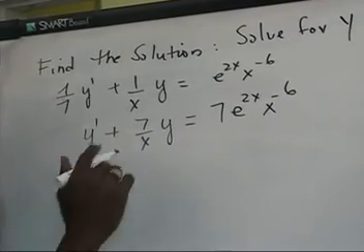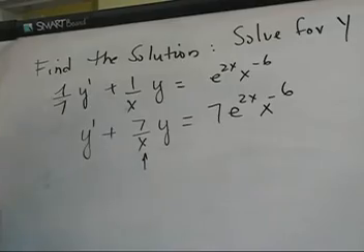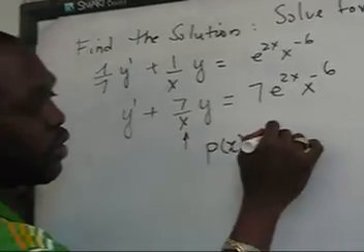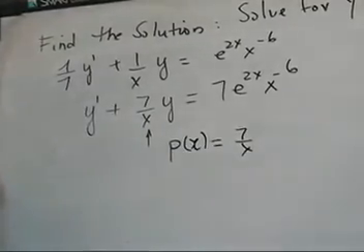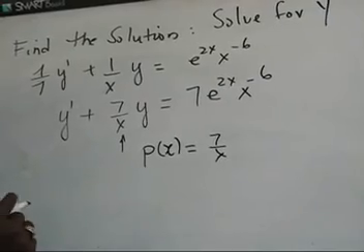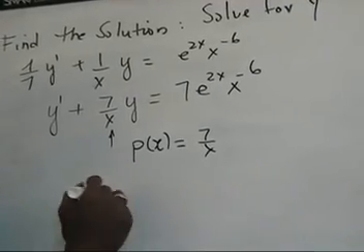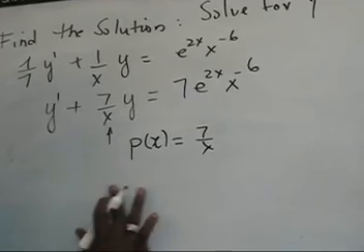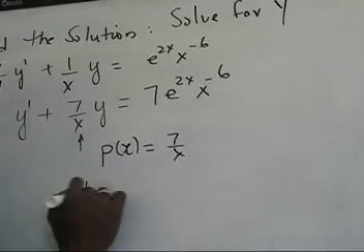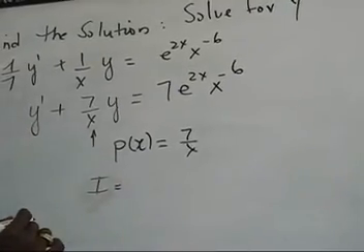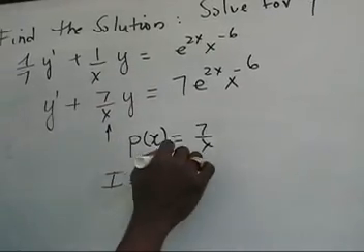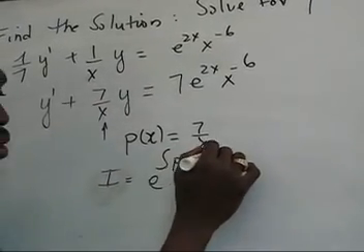So remember this coefficient is the p of x term, which is 7 over x, right? So in order to find our integrating factor, let's call it I, integrating factor, which is e to the integral of p of x dx.